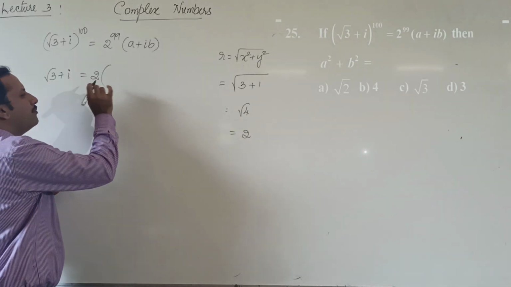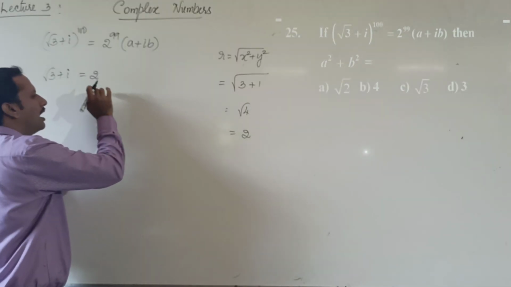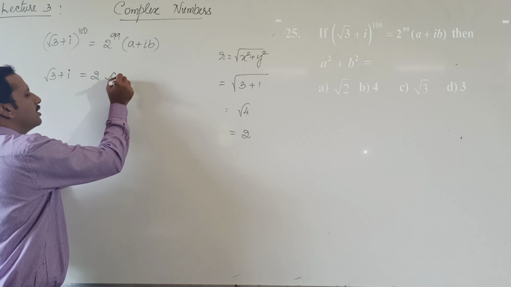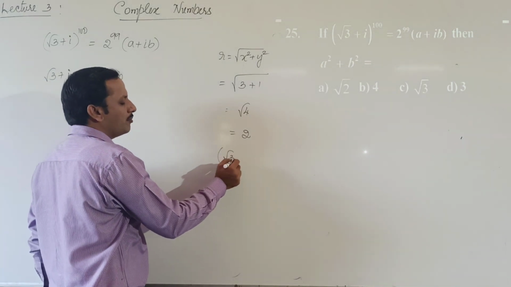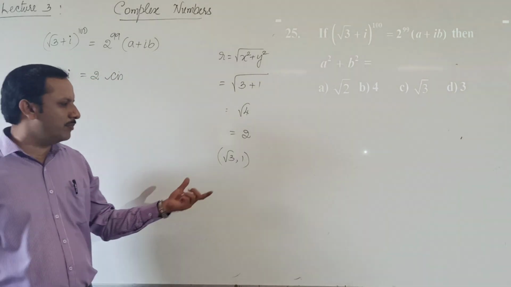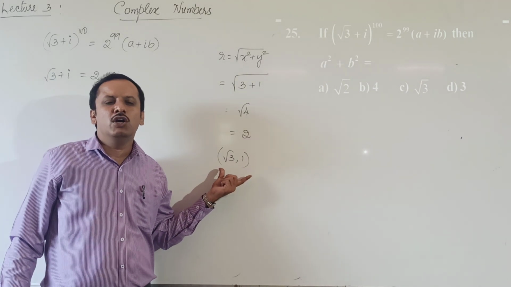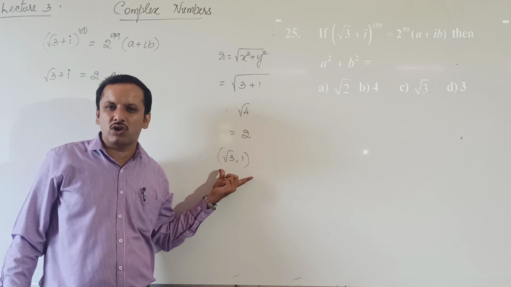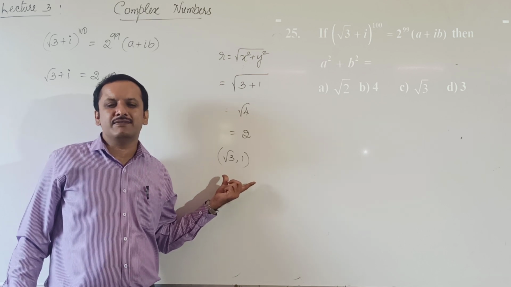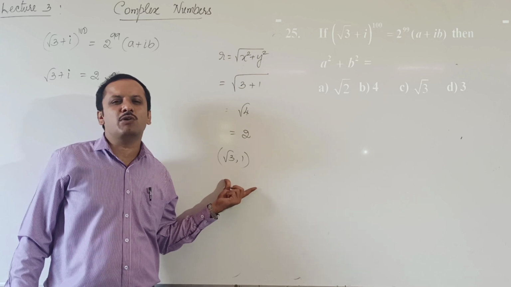Then I want amplitude, r into cis of theta. Root 3 plus i is represented by the complex number by the point root 3 comma 1. Root 3 comma 1 lies in which quadrant? It lies in the first quadrant. When the complex number lies in the first quadrant, then theta is equal to alpha.